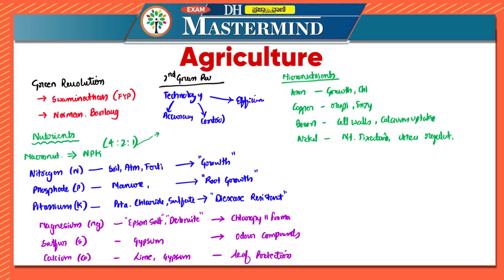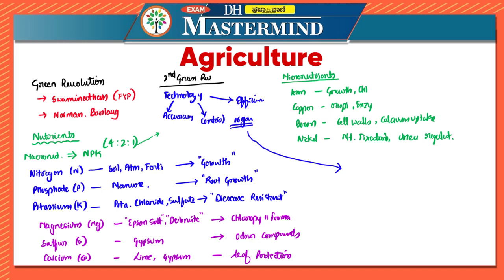And then there is also organic farming, natural farming, correct? So you can call it precision agriculture. That is the purpose of India's second green revolution.